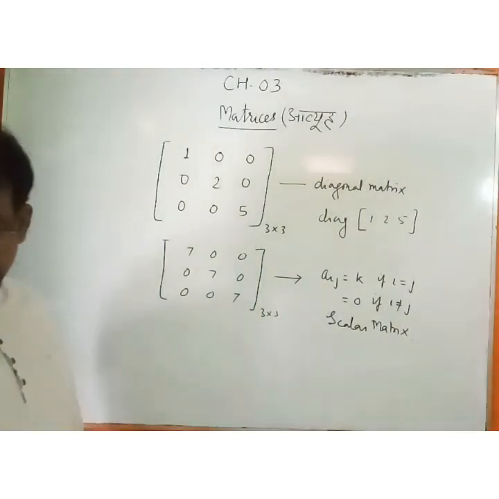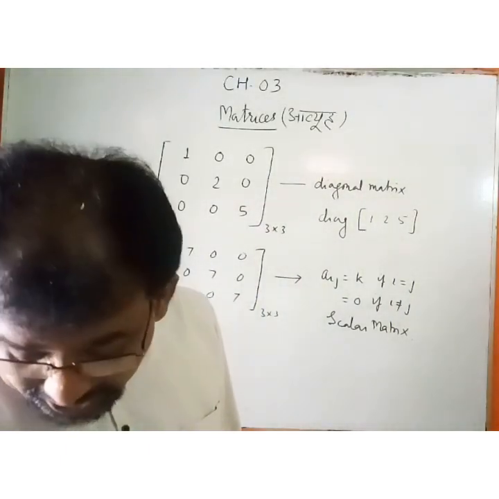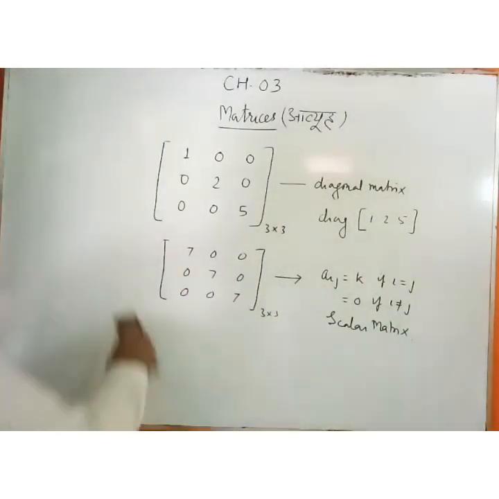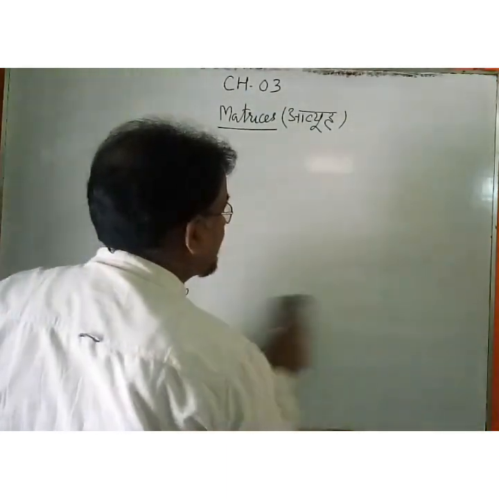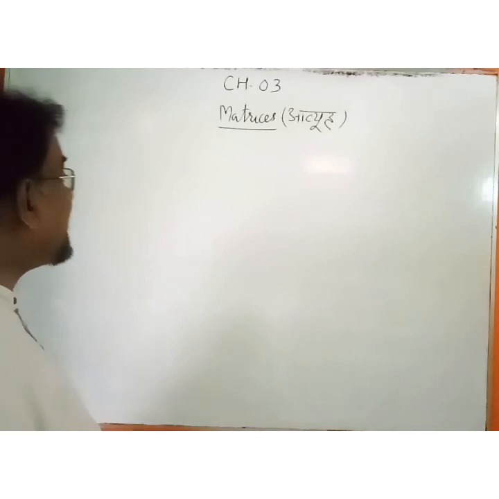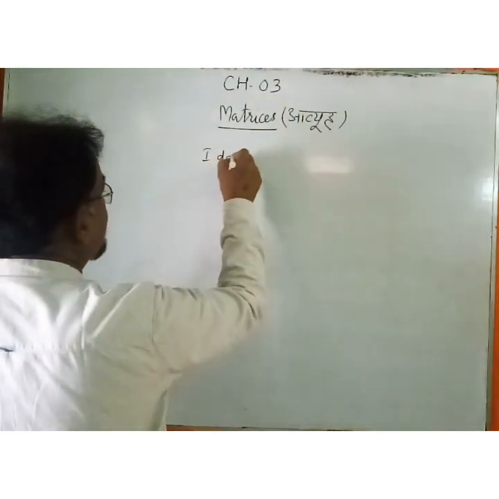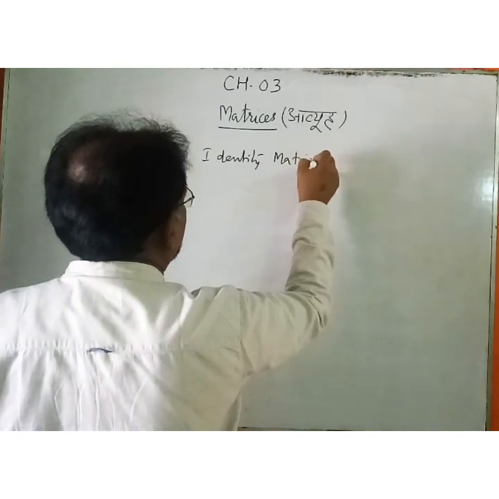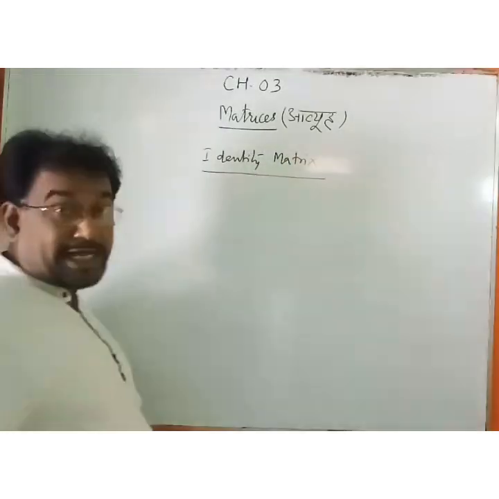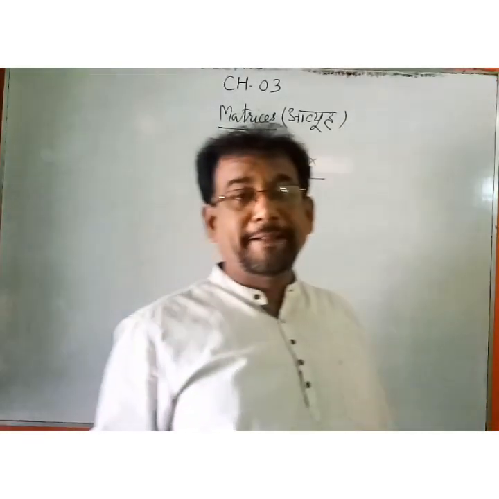This scalar matrix is again converted into a very important matrix that is known as identity matrix. What is this? Identity matrix. Like in our number system, there is a number 1.